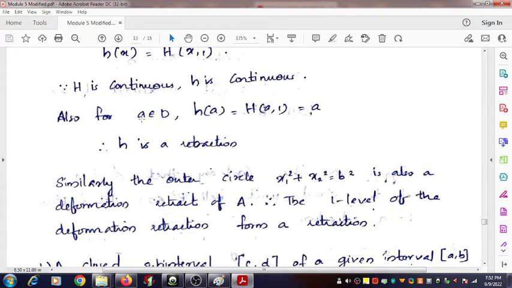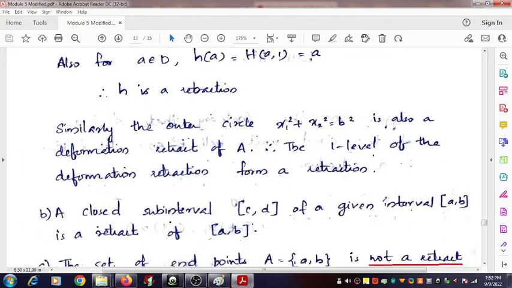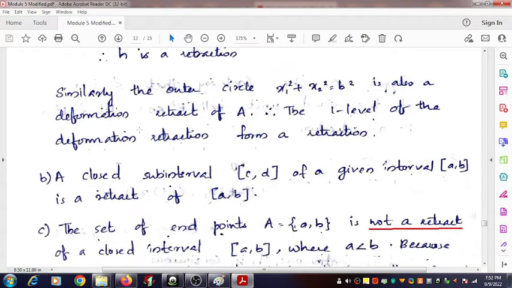And also for a belonging to D, if a is an element of the subspace D, then h(a) = H(a, 1) = a, and therefore h is a retraction. Thus h is a retraction, and hence it is clear that the subspace D is a retract of the given space A. And we can also say that it is the one level of the deformation retraction which is defined from A to D.